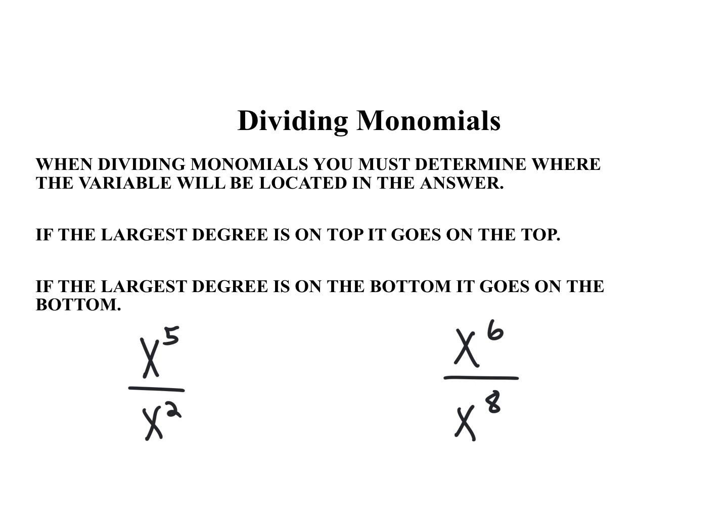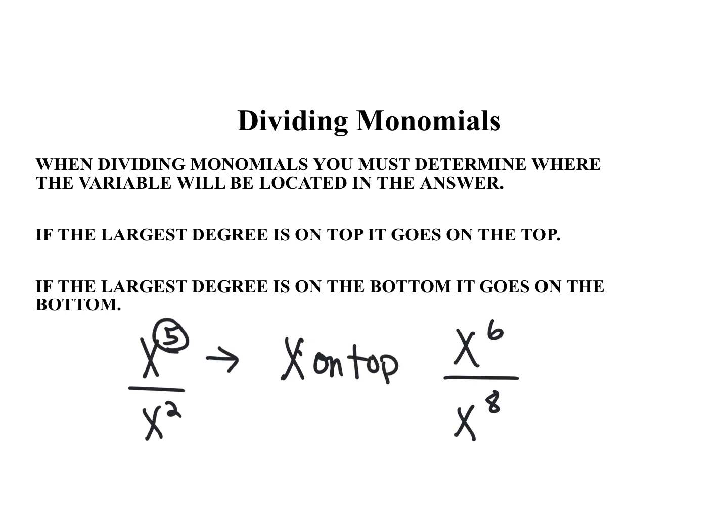If the largest degree is on top, like in the example x to the fifth over x squared, that means that your variable x is going to go on top. And on top means above that fraction bar. Okay, we then have to do something with the exponents, but this simply means that x is going to be on top.